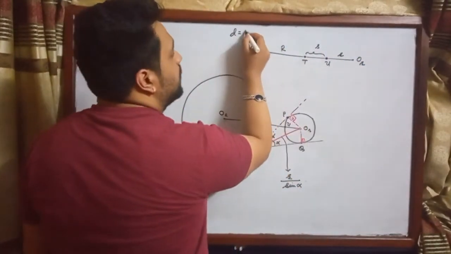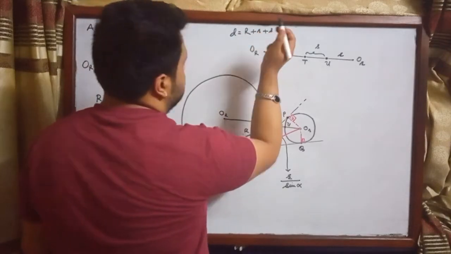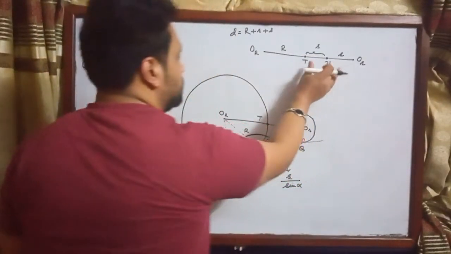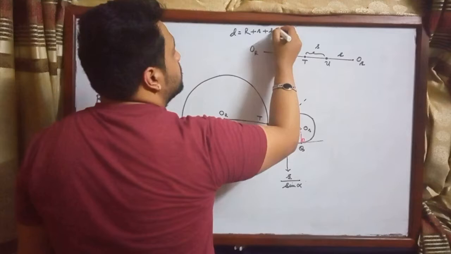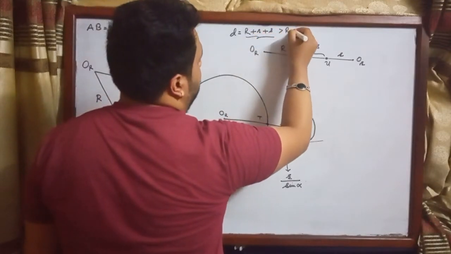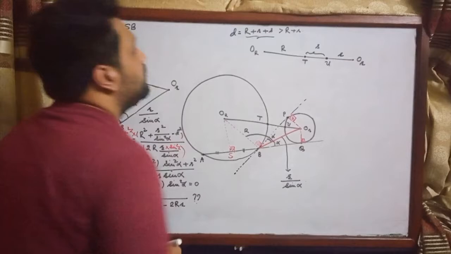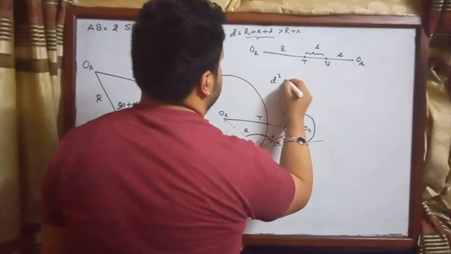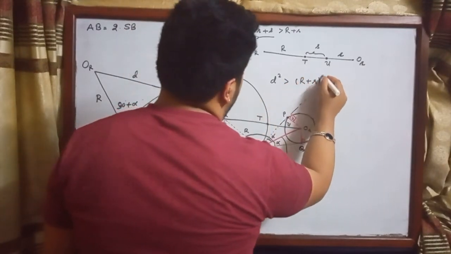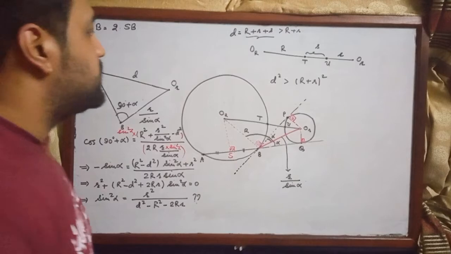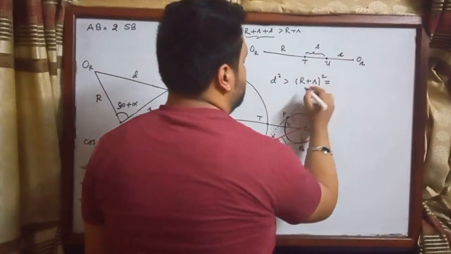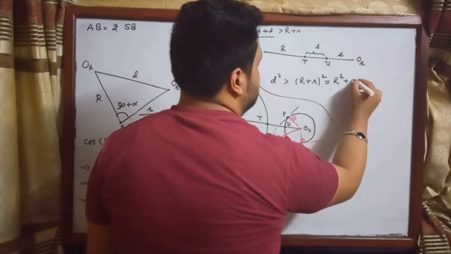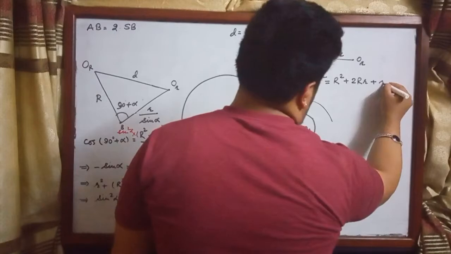Then D is equal to R plus S, and since S is greater than 0, this entire quantity will be greater than R plus r. Okay, R plus r. So what we have is D squared is greater than R plus r squared. Okay, R plus r squared will be equal to R squared plus twice R r plus r squared.